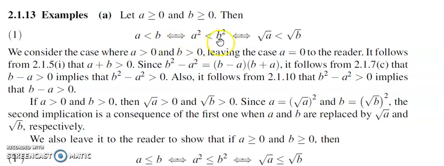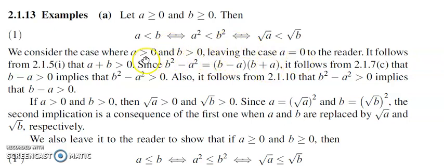So if A is equal to 0, then 0 less than B implies 0 square less than B square, which is trivial. If we replace A by root A, that is A is equal to 0, then root A is root 0, we can prove the case for root A less than root B as well when A is equal to 0. So we can easily prove this inequality when A is equal to 0.